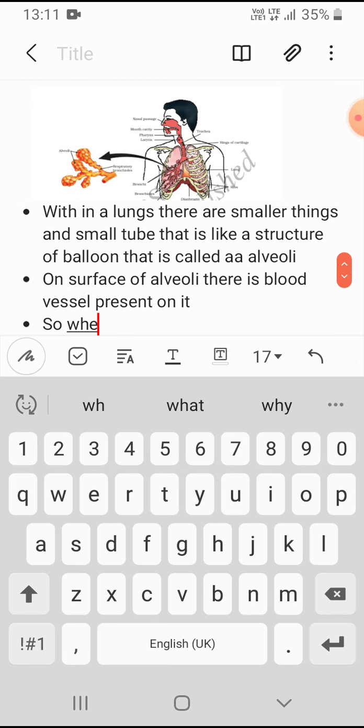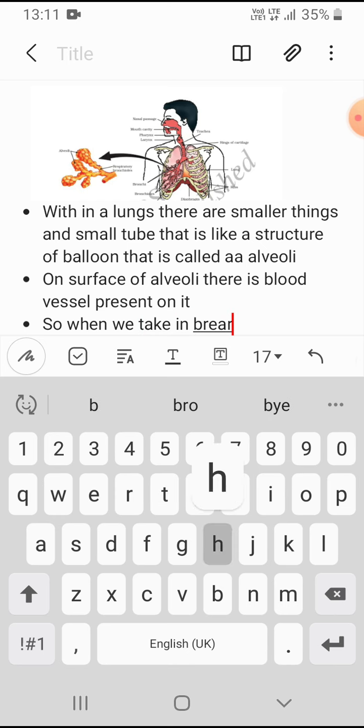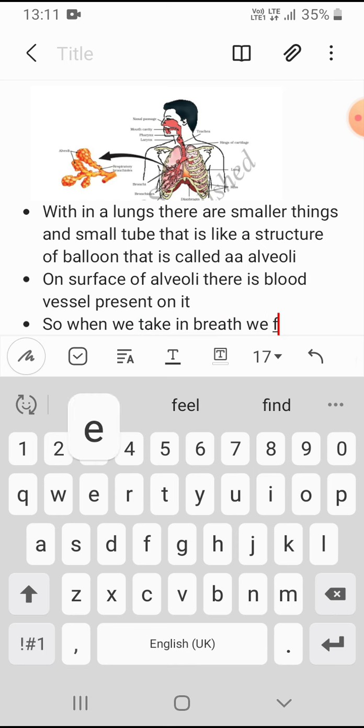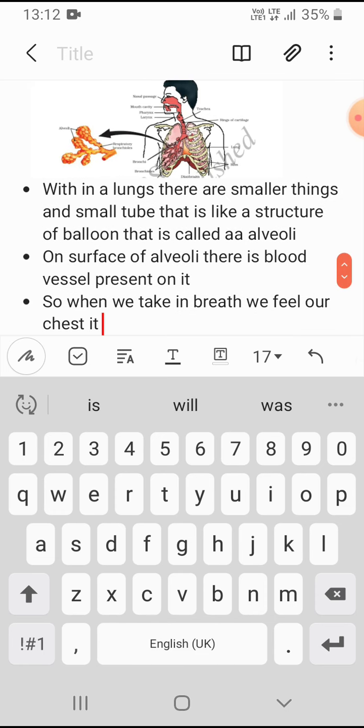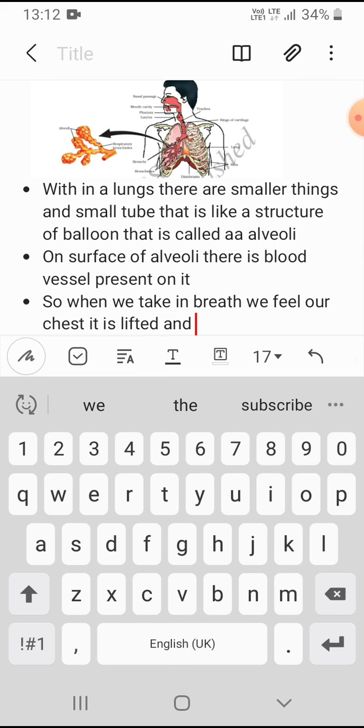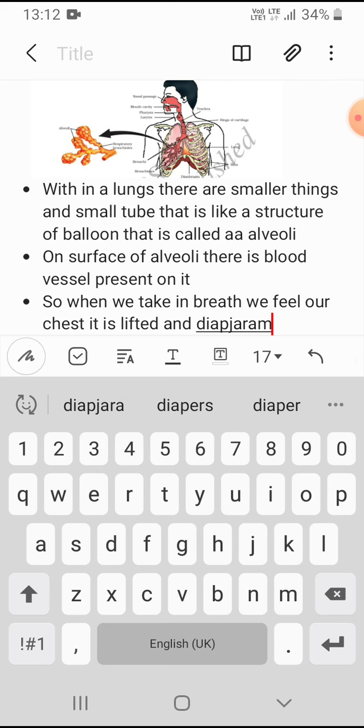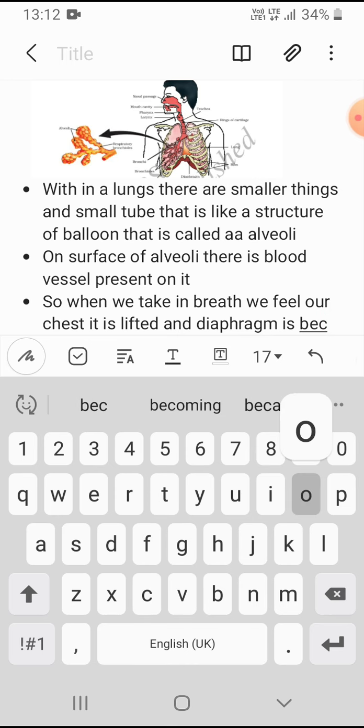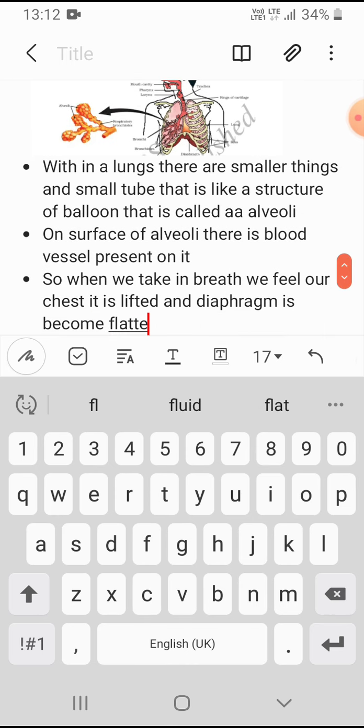So when we take in breath, we feel our chest is lifted, it becomes up, and the diaphragm becomes flattened. We feel it become flattened.